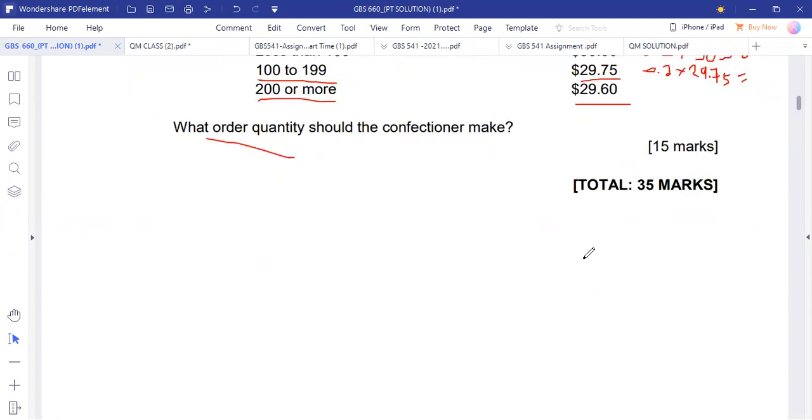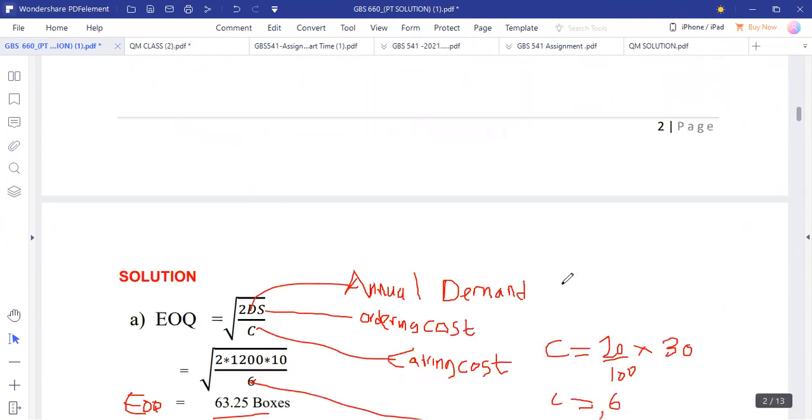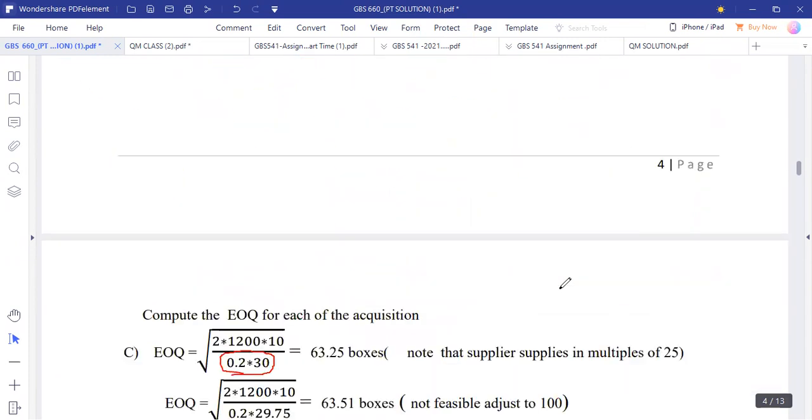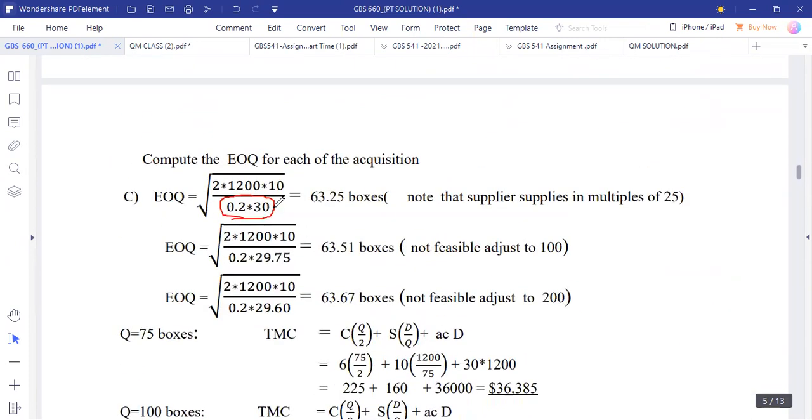So getting down to this one, we are going to have our EOQ for oranges. So first one, this is when we are buying less than 100 boxes.